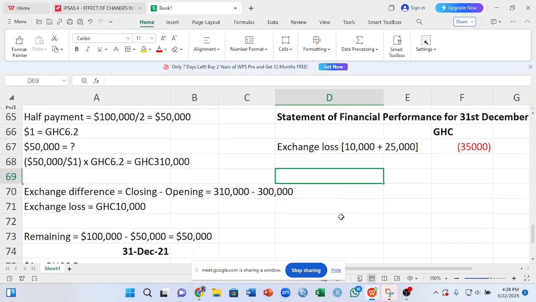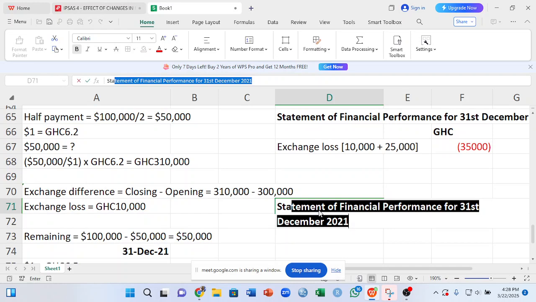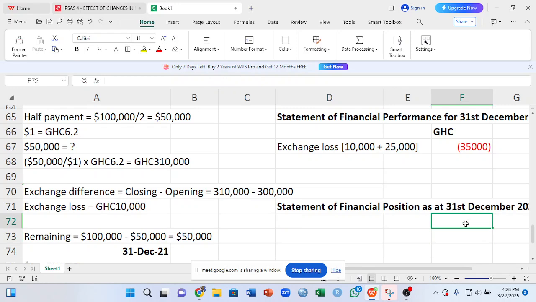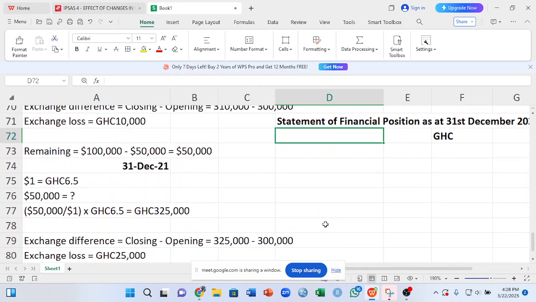Then when we are done, we need to prepare the statement of financial position. So let me just make changes over here. Financial position. Assets. You bring your currency sign as well. And then yeah, what are you going to show over here?